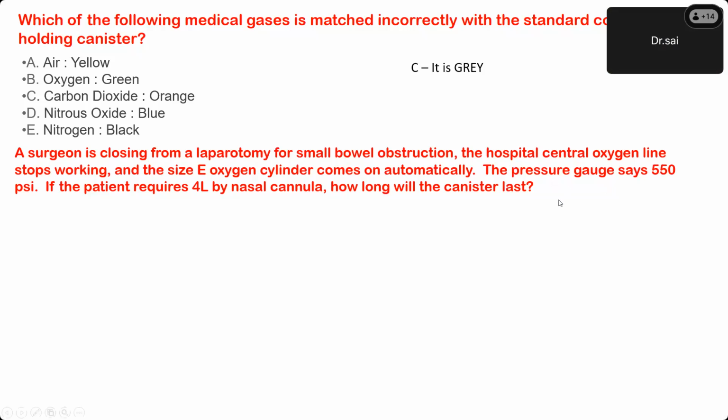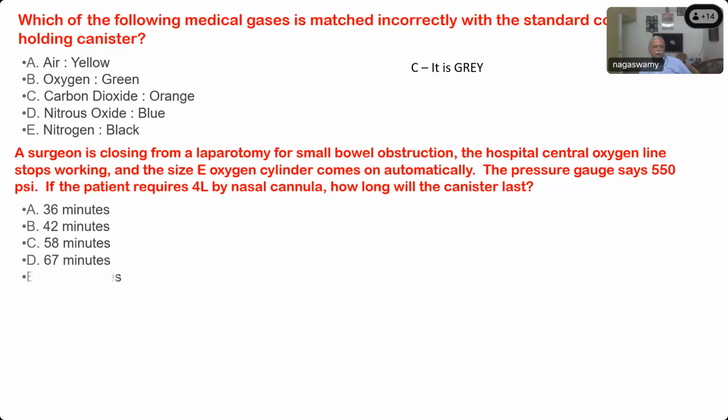So the volume also will be only 1/4 of the total capacity. So if you know the total capacity, how many liters of oxygen will be there in a full cylinder? 680, 700. The answers are 36 minutes, 42 minutes, 58 minutes, 67, more than 75 minutes.